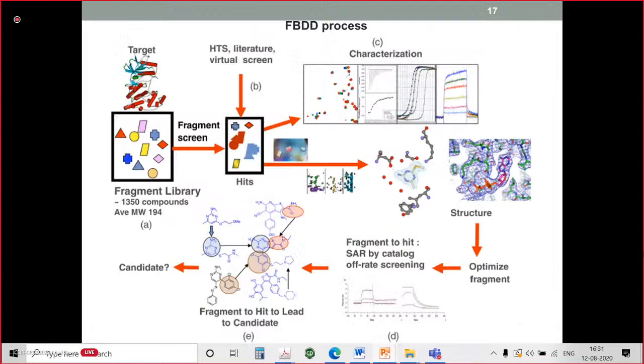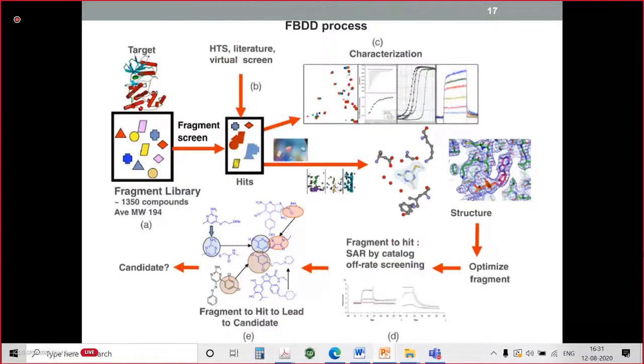Now coming to the actual process of the fragment-based drug design. I'll be explaining here how fragment-based drug design is used to find the lead molecule out of the fragments. Generally it involves 5 steps.